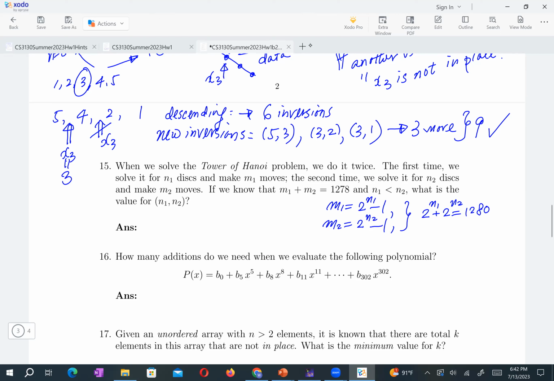But here, you just need to split the given number 1,280 into a sum of 2 powers of 2.